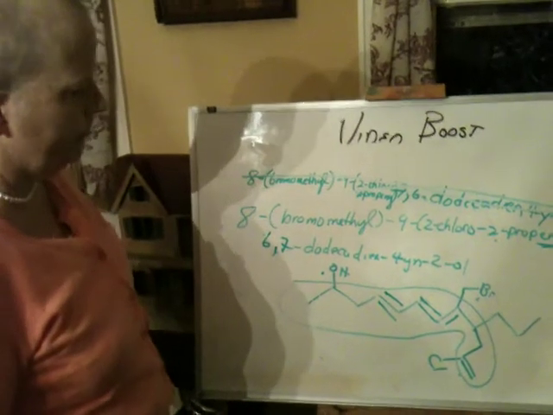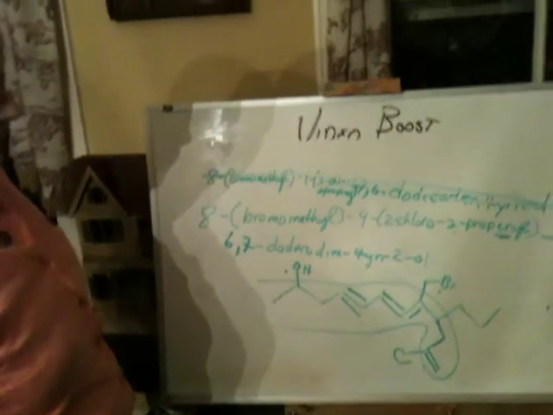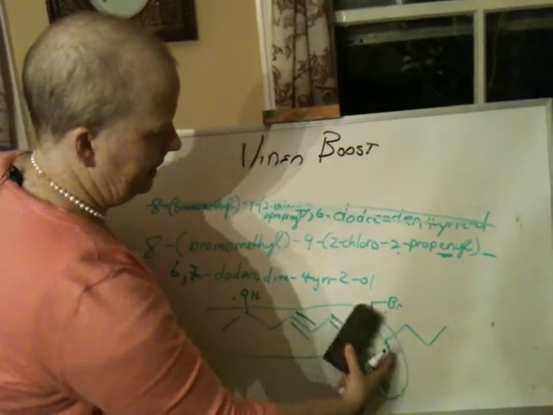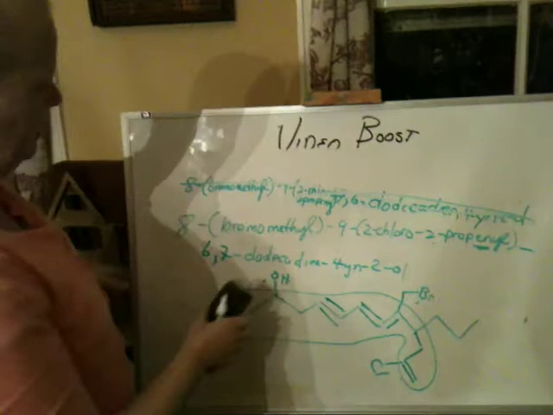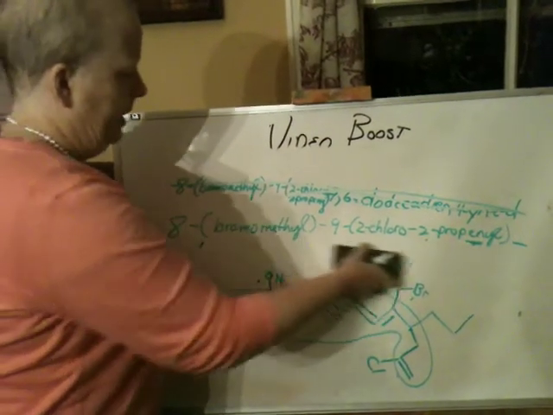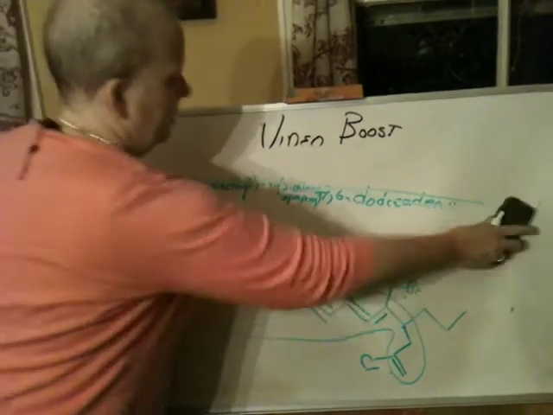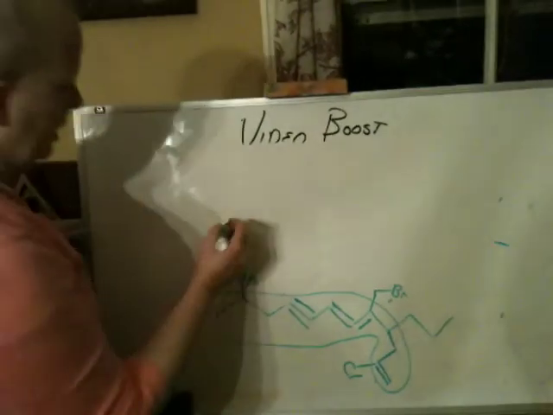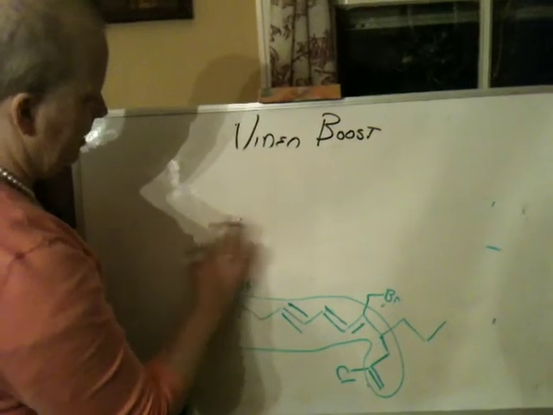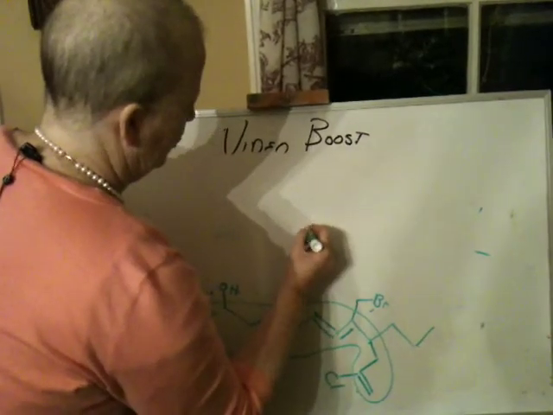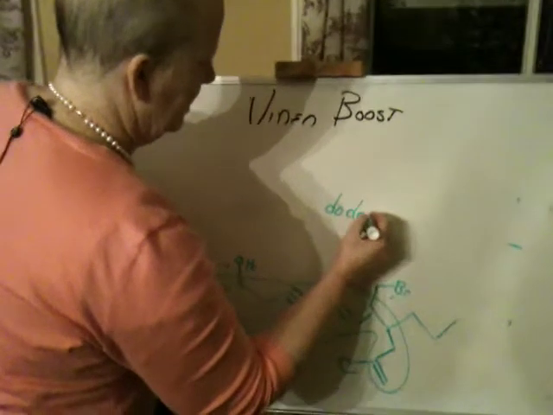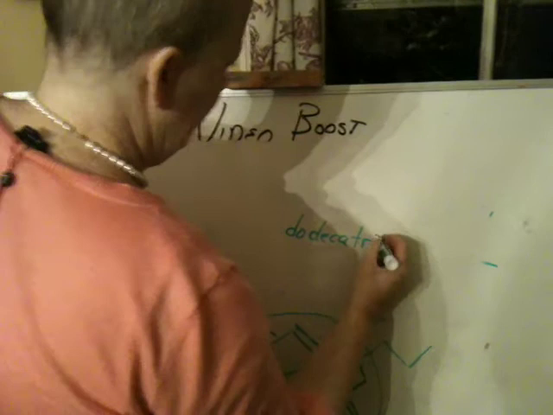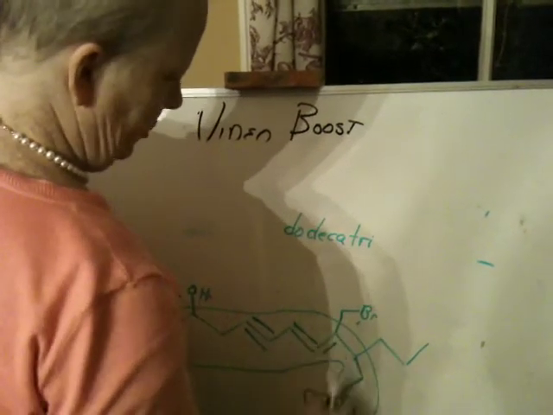Well, the chain is the same length. It's still 1, 2, 3, 4, 5, 6, 7, 8, 9, 10, 11, 12. Okay, so it's going to change a little bit. Let's erase all this up here. This is going to be dodeca-triene, because there's 3 double bonds.